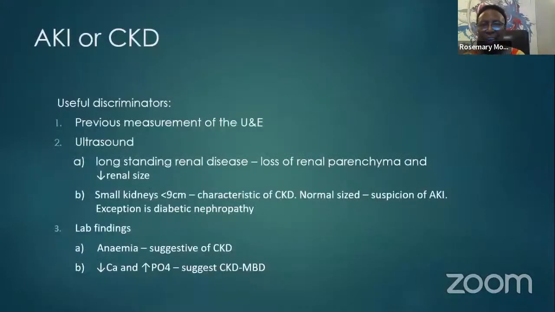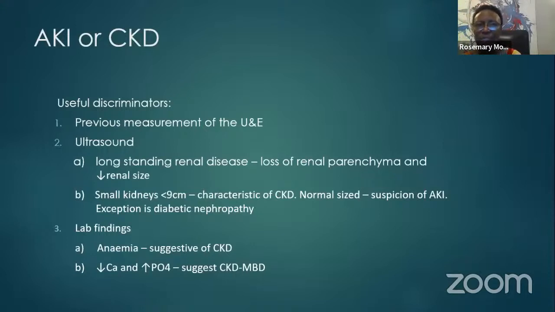Now we've got what we call AKI on CKD. Remember what I said earlier? I said acute kidney injury is reversible, it's temporary, it's sudden, whereas chronic kidney disease is irreversible and it's over a prolonged period of time, usually more than 3 months, and you get a significant reduction of your GFR.